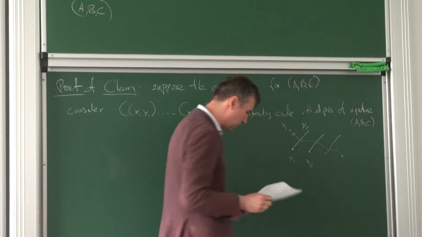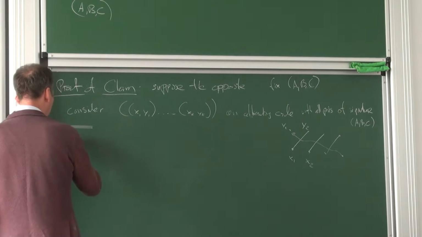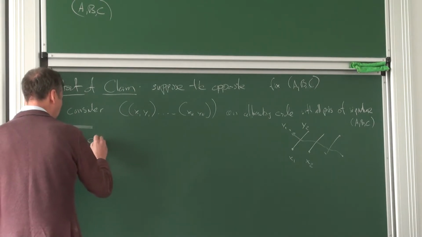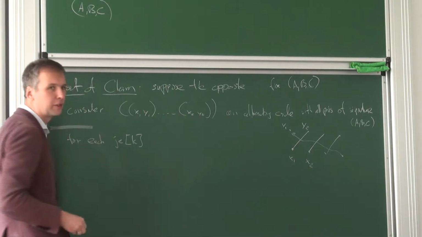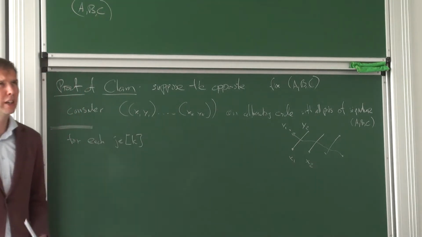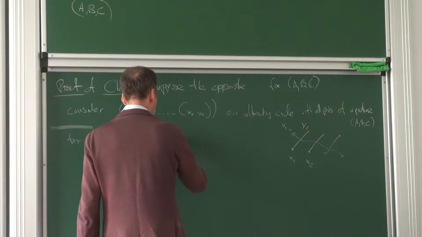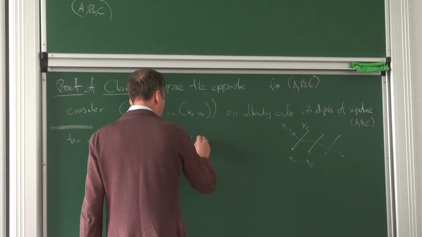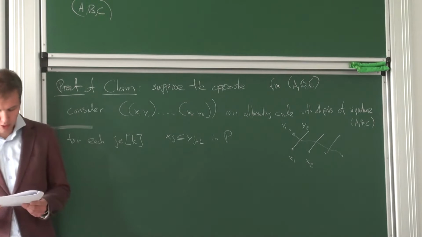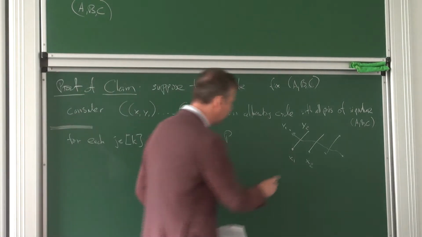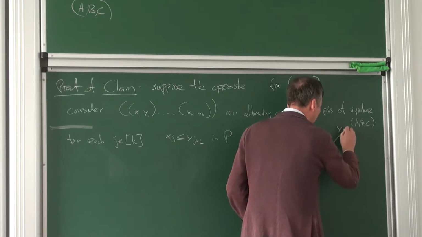Now, for each j in k, where k is the length of my alternating cycle, I have xj less or equal than yj plus 1 cyclically, in B. So this is xj, and this is yj plus 1.